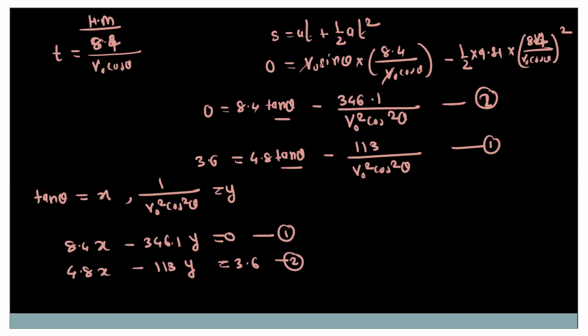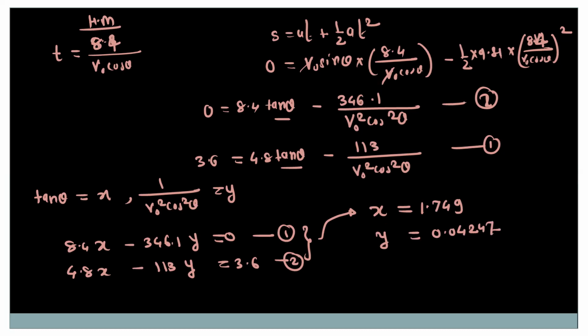So select the first equation, ax plus by is equal to c. So this is the constant for first equation, 8.4. So this is a value, this is the b value. So if you solve these equations, you will get the value of x. So this is equal to 1.749 and y is equal to 0.04247.